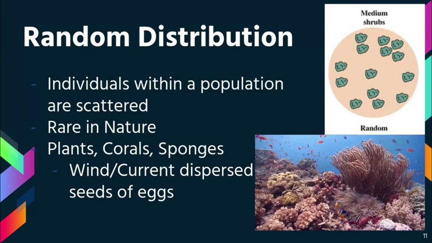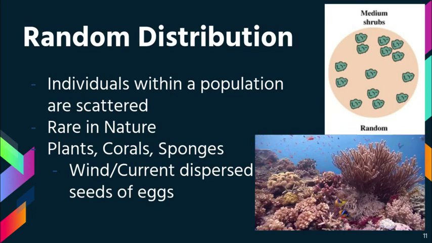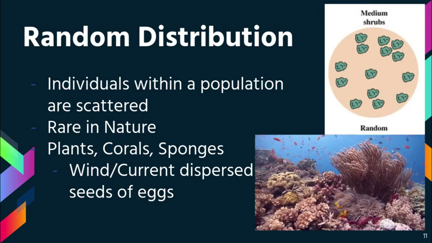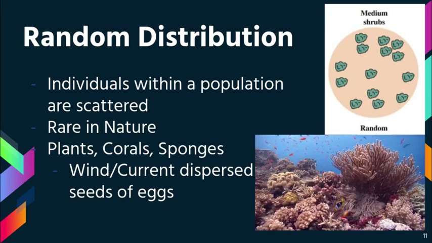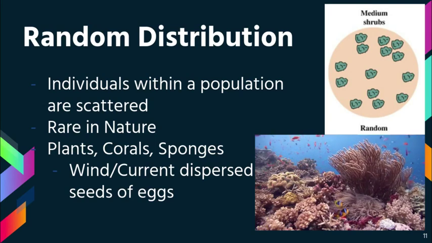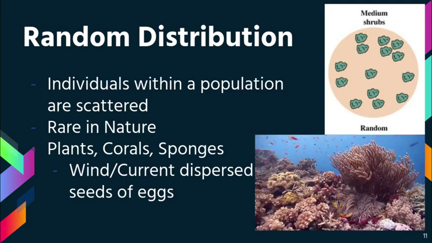What leads to this is wind or current dispersion, meaning when the corals or the plants release their pollen or their sperm into the water, and they release their eggs and their seeds, the wind or the current is responsible for moving them. So wherever they fall, they just grow there.